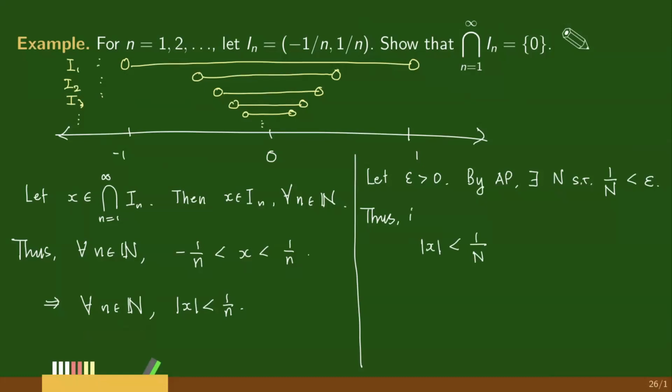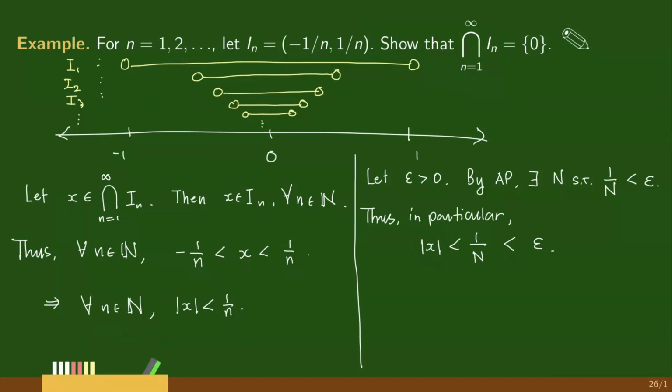Kaya in particular, you can say this para alam mong ginamit yung general case na nandun sa kanina. Yung absolute value ni x is less than 1 over n. And because 1 over n is less than epsilon, ano mangyayari? Yung absolute value ni x ay less than epsilon for every epsilon greater than 0.